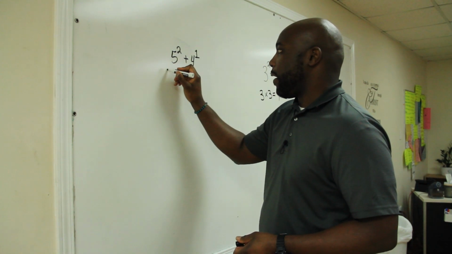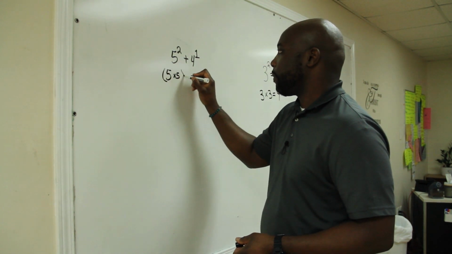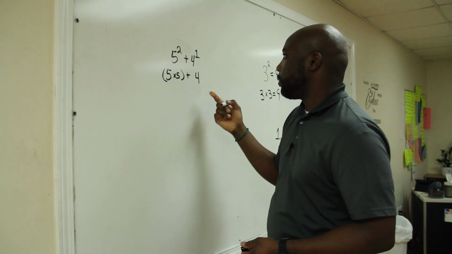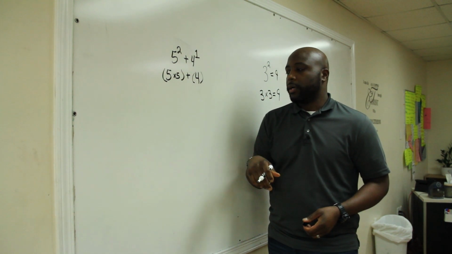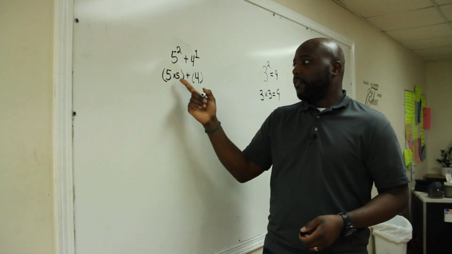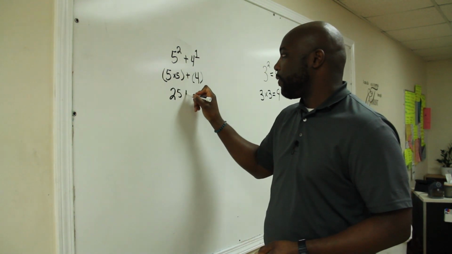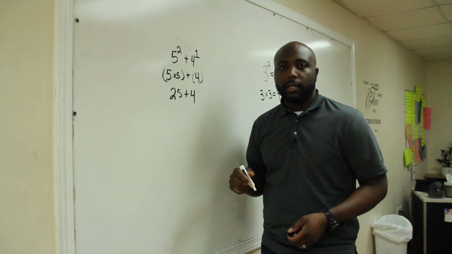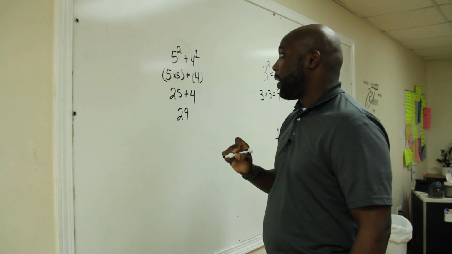So therefore I have 5 times 5 plus 4, since 4 multiplied by itself once is simply 4. Okay, so 5 times 5 is going to equal 25, plus 4, and our solution will be 29.